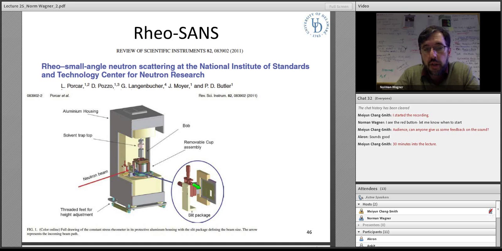That's the narrow slit here, if you will. Very clever and useful device where you can measure rheology simultaneously. So now you have access to what's going on in the rheometer as well as what's going on with the neutron line.